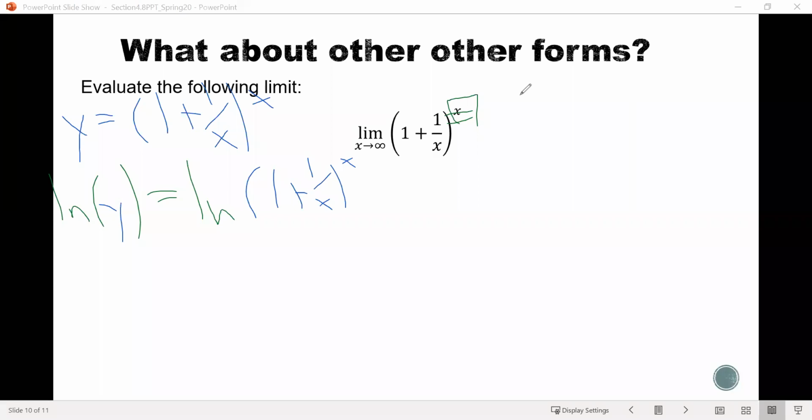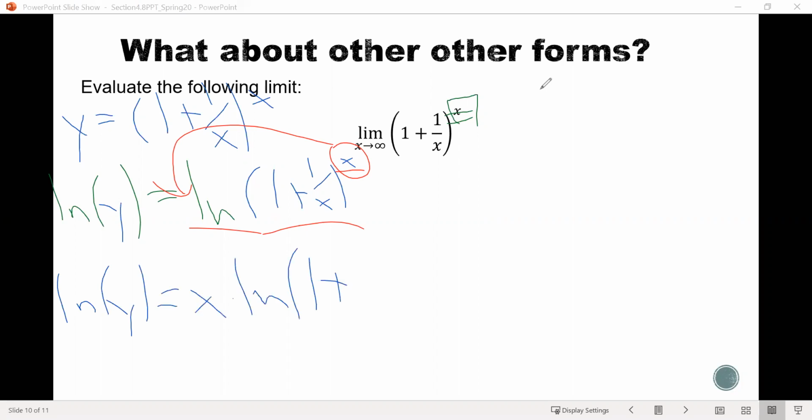And notice that because we have the ln of something raised to a power, we can use the properties of logarithms to move that out to the front. So now we have that ln of y equals x times ln of 1 plus 1 over x, okay? And believe it or not, this is going to be helpful for us to find our limit now.